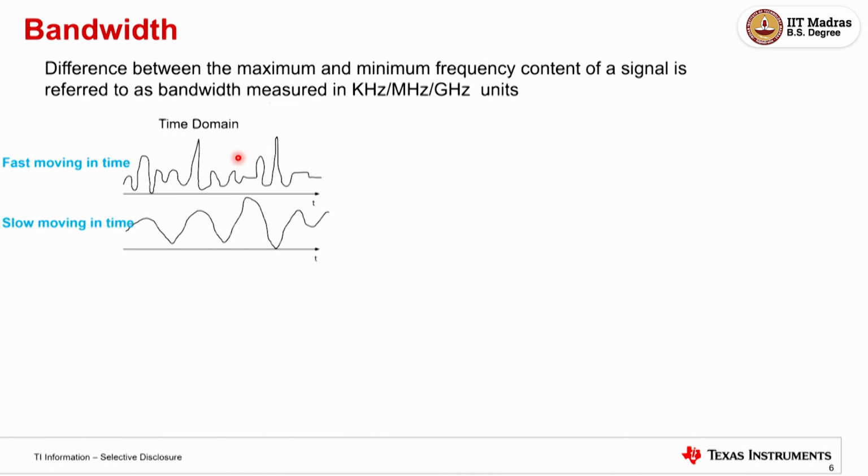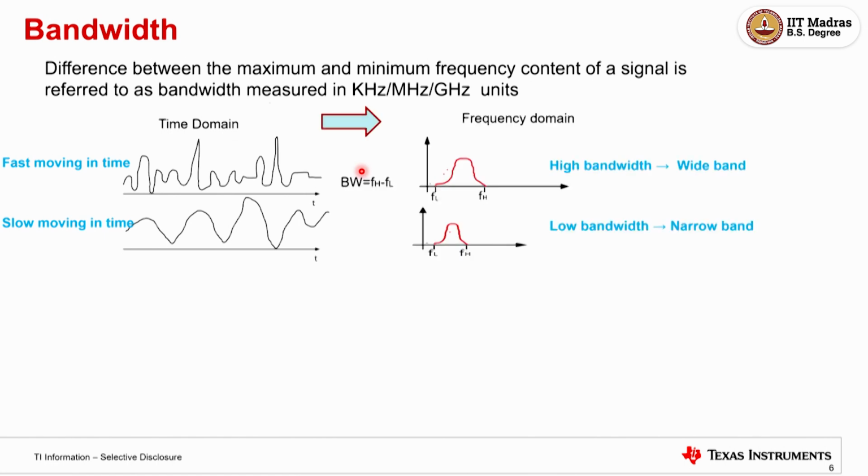If you look at the top signal, and on the bottom there is some parameter, either voltage or current or sound level or whatever you take, it's changing from a time base, the x axis, slowly. You can clearly see the top one has a lot of excursions within a short time, whereas the other is moving slowly. So what does this mean? This is a time domain. It has an equivalent, you can have a frequency domain.